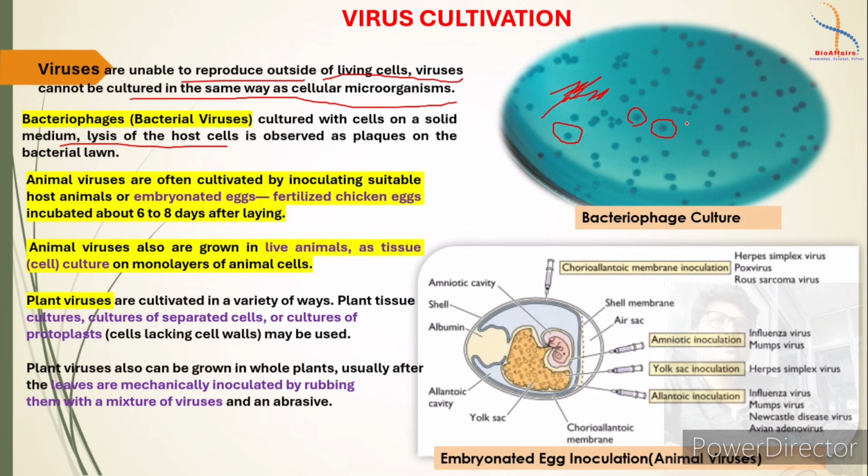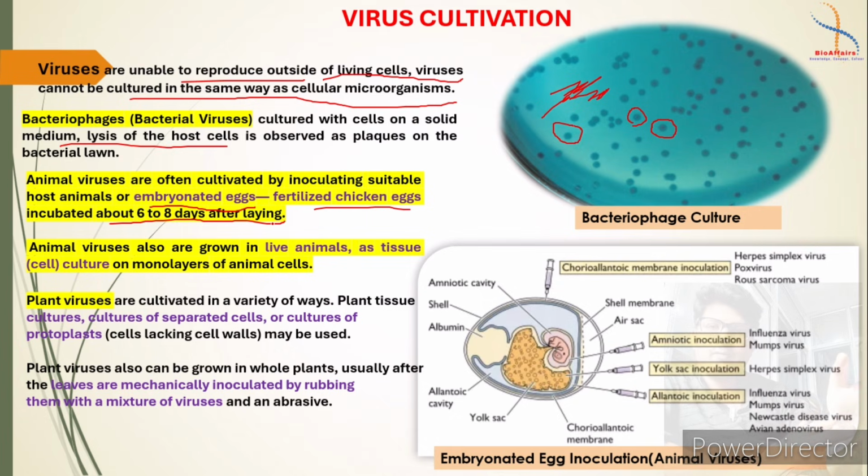Now again coming to culture, animal viruses are often cultivated by inoculating suitable host cells from embryonated eggs. This is embryonated eggs, fertilized chicken eggs incubated about 6 to 8 days after laying. If you culture them immediately, you will not get the result. So after 6 to 8 days of laying, you have to inoculate the virus.